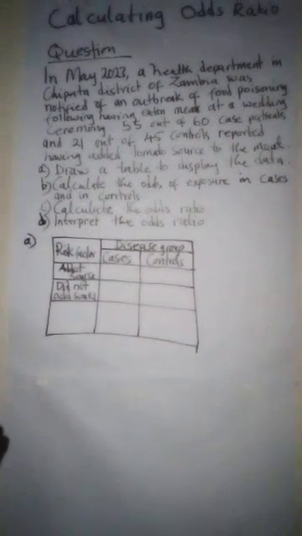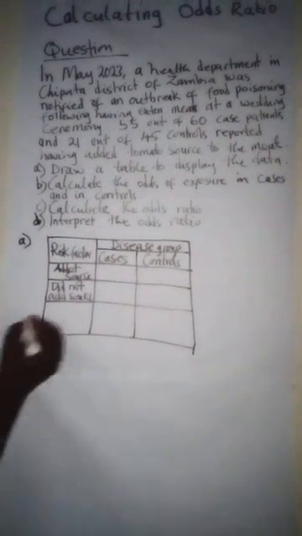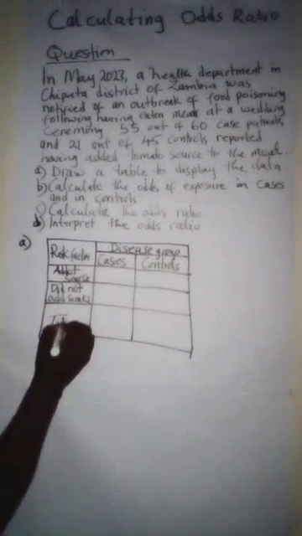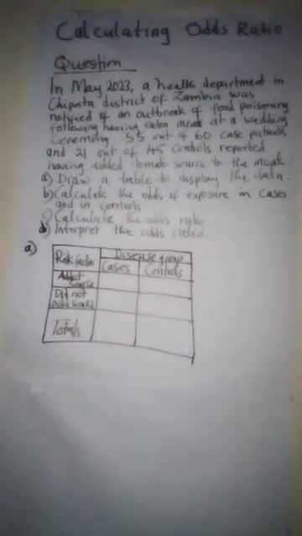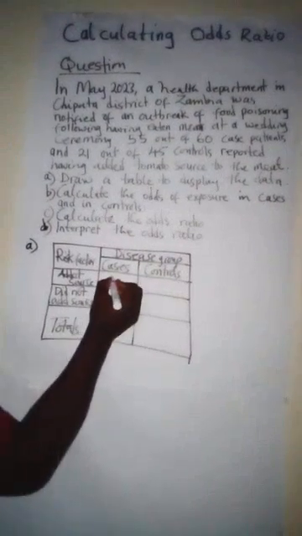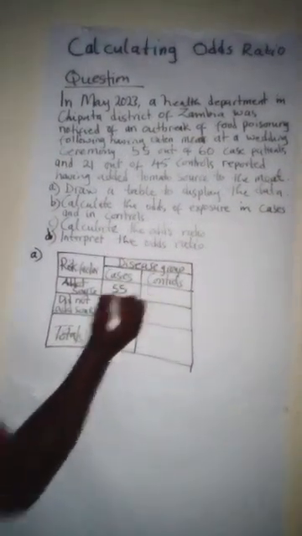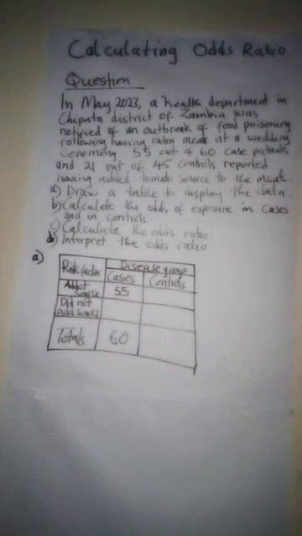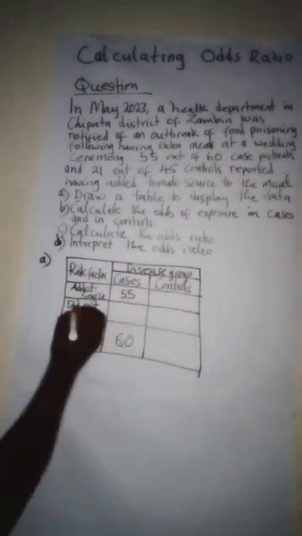Then I'm going to say totals. I've been told that amongst the cases it's 55 out of 60. So the total was 60. I'll start with the total 60 here. Then 55 added the sauce, meaning that only 5 did not add sauce.